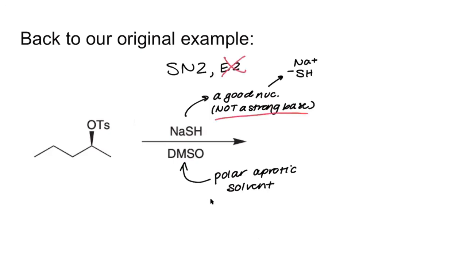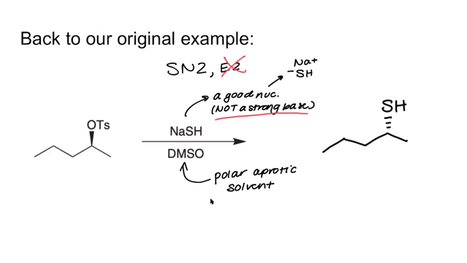E2 usually wants a strong base so it can take off that anti-periplanar hydrogen and deprotonate the molecule. In this case, we do not have that. So we're going to do an SN2 reaction, and we should get the following. Remember, you're going to invert your stereochemistry, so you go from a wedge to a dash.